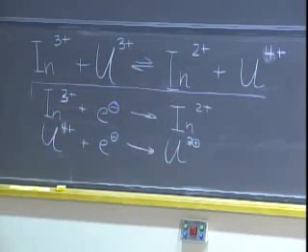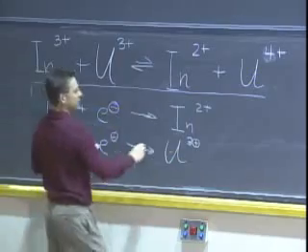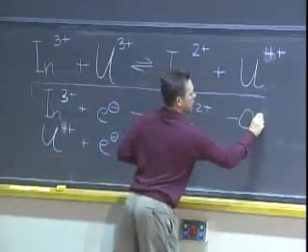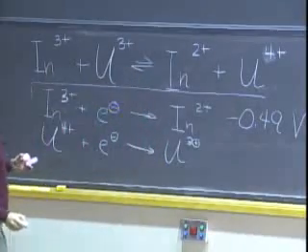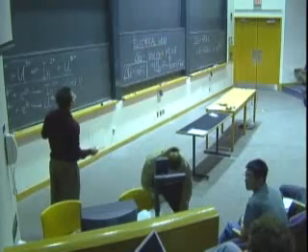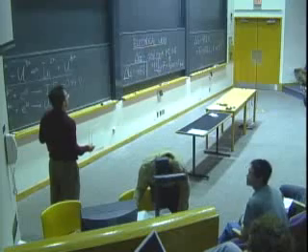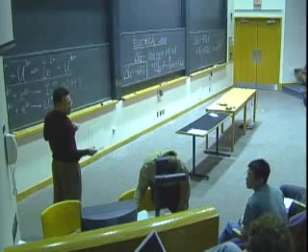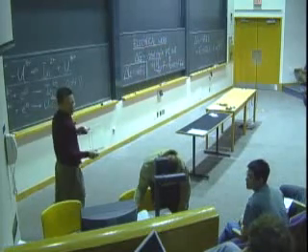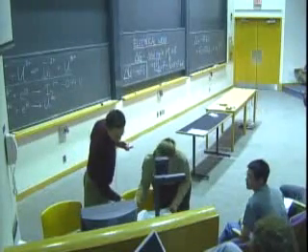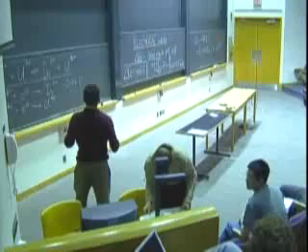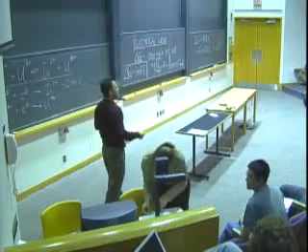Thank you. Minus 0.49 for indium. Okay, and then when we look at uranium, these are arranged alphabetically. Here they are in alphabetical order. So they can be in the tables.